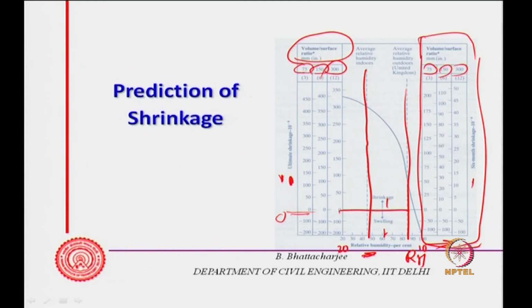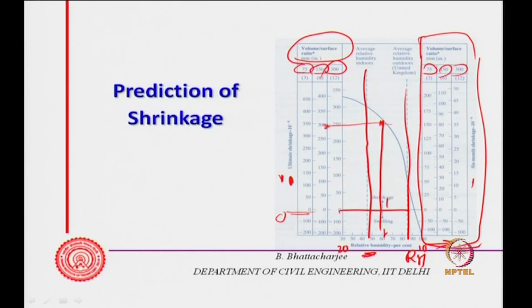So, what is happening? This 300 is this scale. So, supposing I have a relative humidity, let us say is 60%. So, I go here and I know my volume to surface area ratio is 150. So, I will come to this scale and it will be close to 300 into 10 to the power minus 6 for 6 months, and if I am to get for ultimate shrinkage for the same relative humidity, then I would go for, this is for 150, this is volume to surface area ratio.